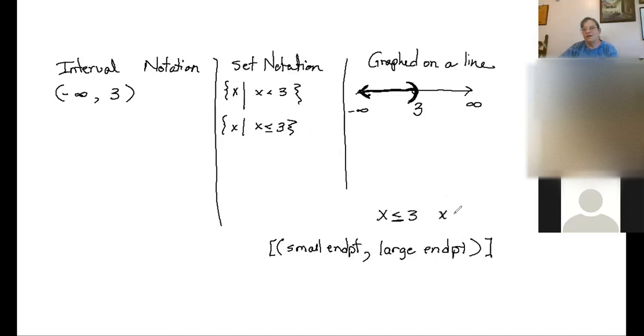Here, x can be 3. In this one, x cannot be 3. 3 is not less than 3, but 3 is less than or equal to 3. This is an either or situation.